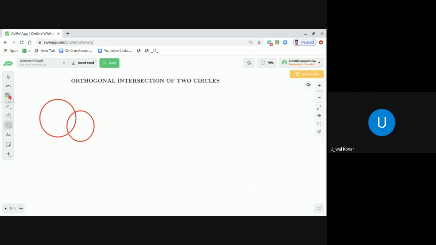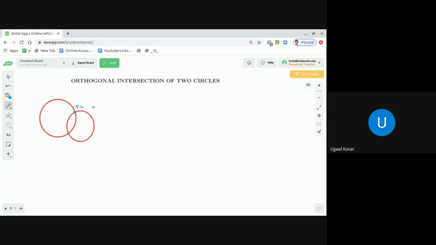Now, at the point of their intersection, where is their point of intersection? The point of intersection is this. There is another point of intersection also, but let us focus on this point of intersection. Suppose P1. So this is the point P1.